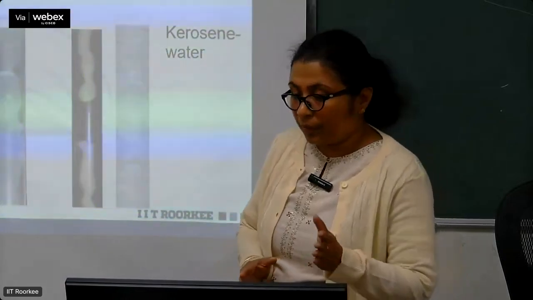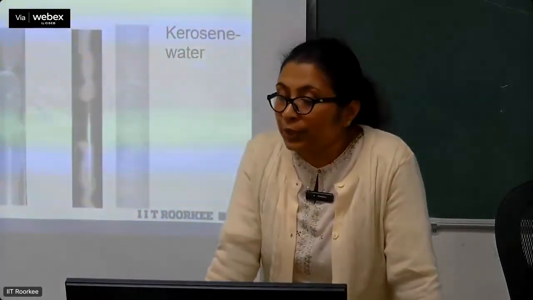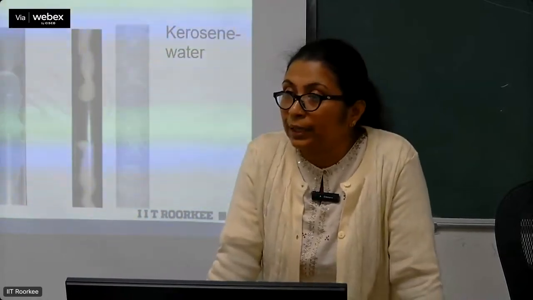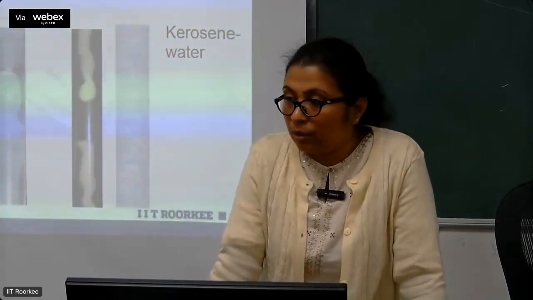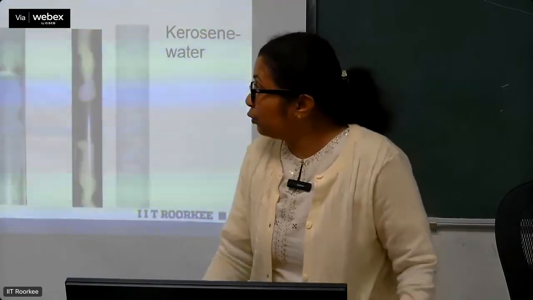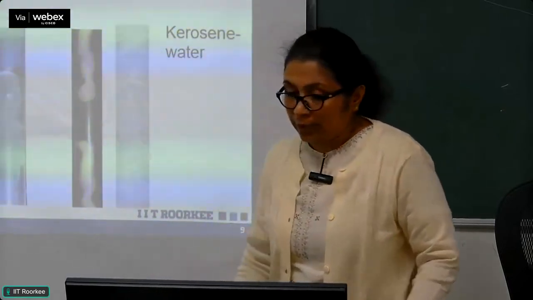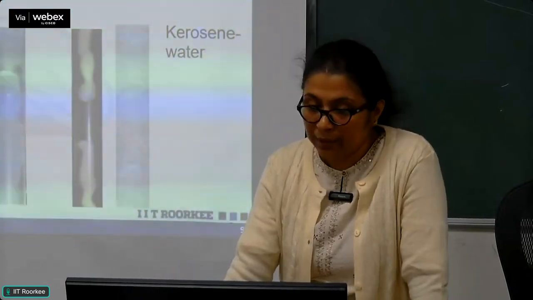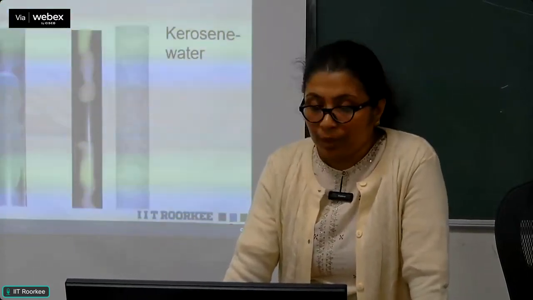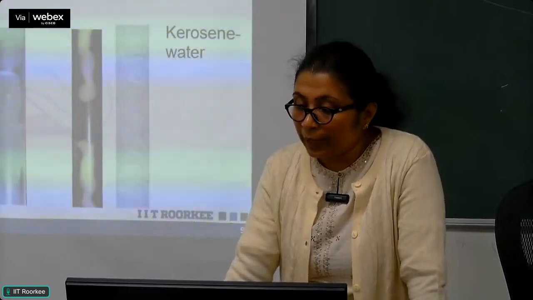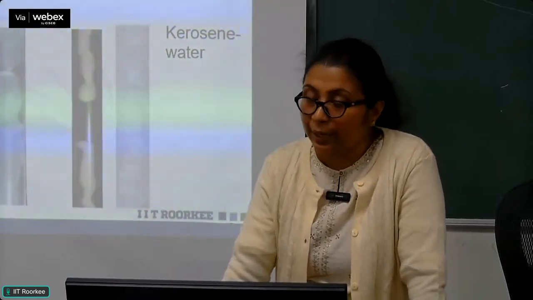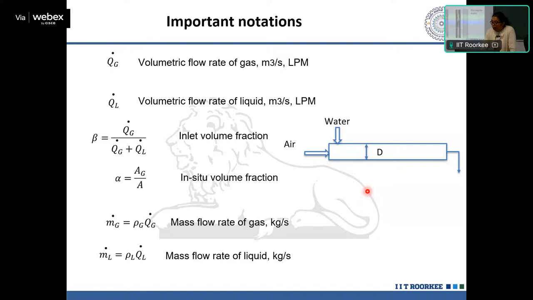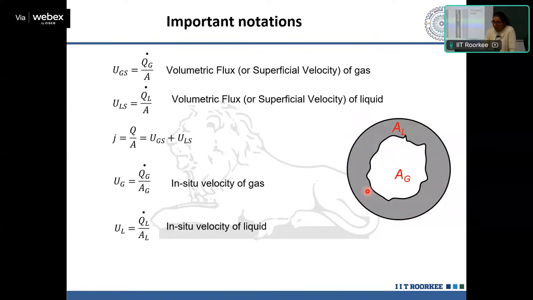So this is an example of how the physical properties affect flow in a macro channel. What happens if you change the physical properties in a macro channel? Here is a quick example before we move on to our main discussion. In this experiment, two liquid pairs were used.